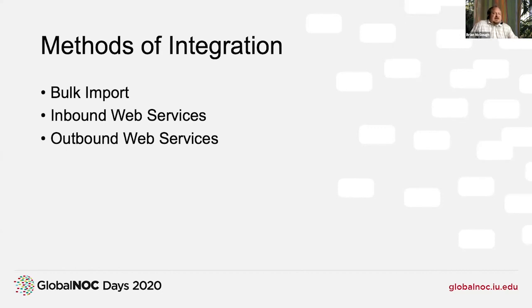In addition, we can configure what they call outbound REST APIs, and that allows us to talk to many of our other GlobalNOC tools from within ServiceNow in a real-time fashion. So stop me if you have any questions along the way. I'm going to drill into each of these a little bit more.